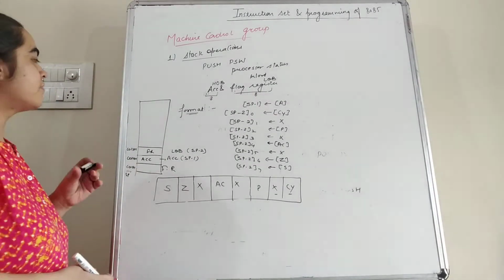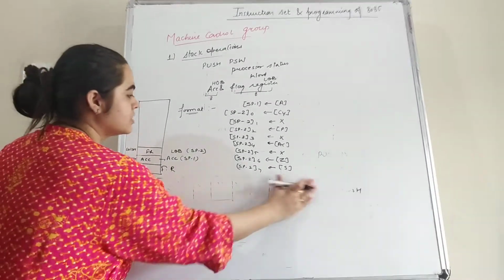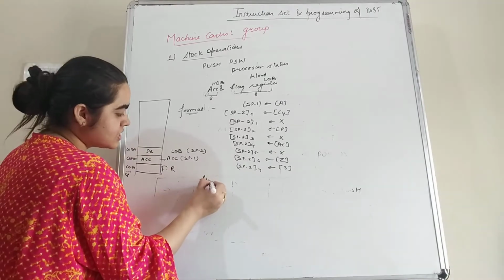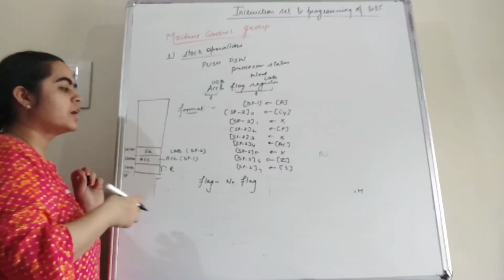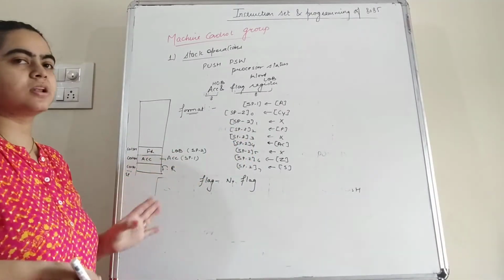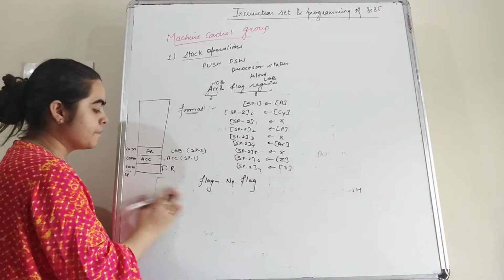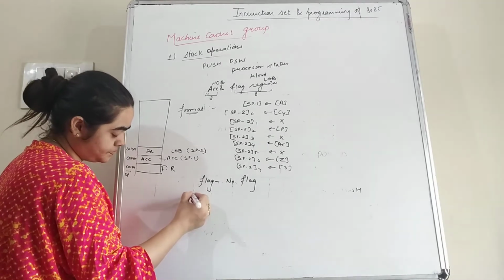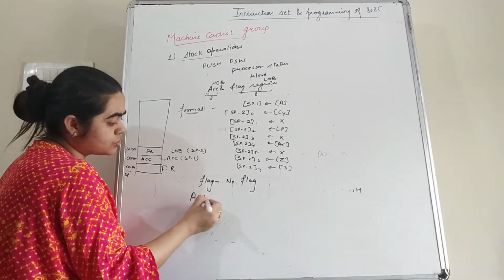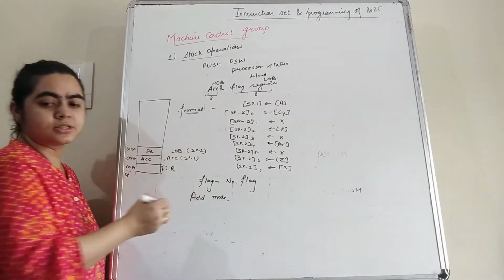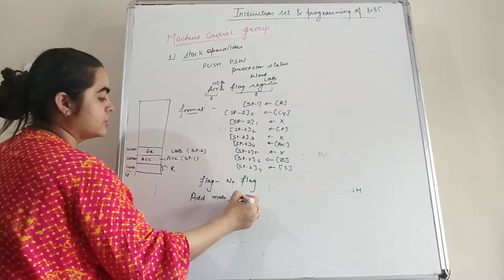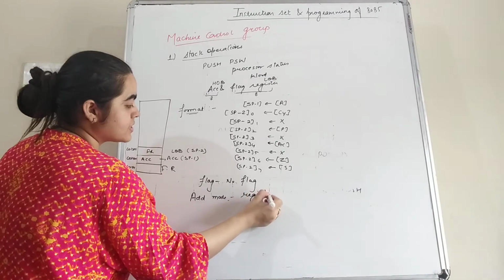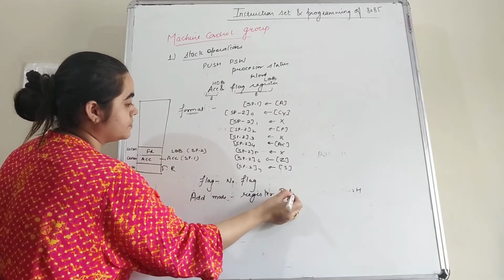Now students, after format, next we have flags. By this instruction no flag will be affected, we only copy the contents of the flag register into the stack area. Next is the addressing mode. The addressing mode of this instruction is register indirect again.